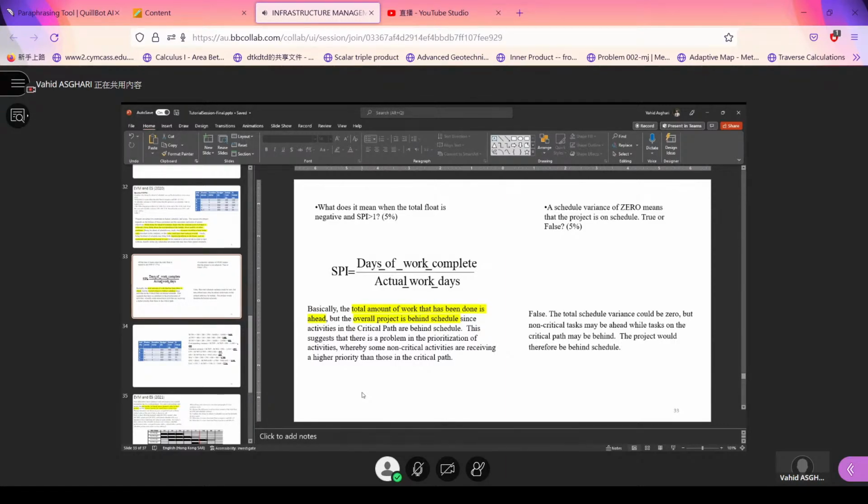Once you get these points, you can provide a discussion that activities on the critical path are behind schedule. It means that we have spent money on some other non-critical activities. That's it.